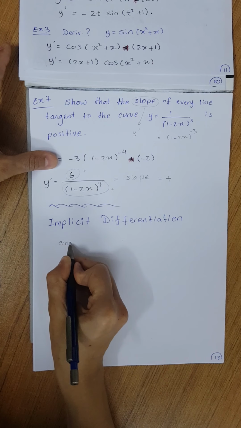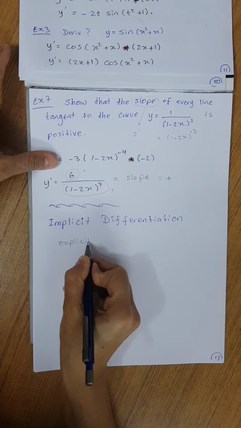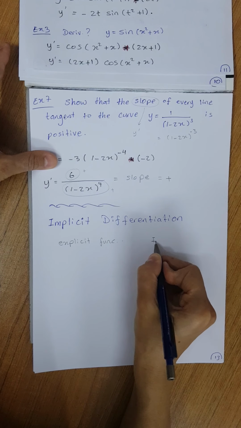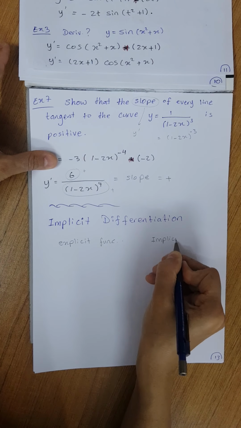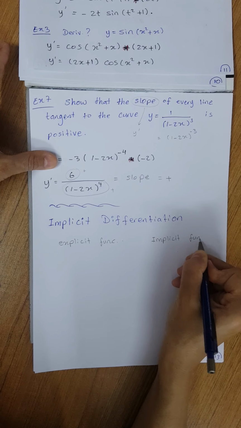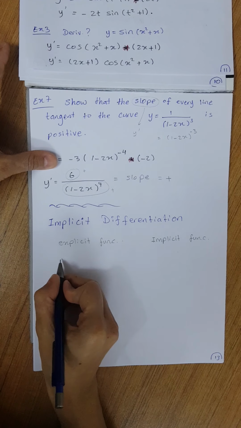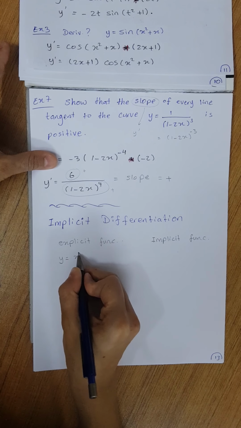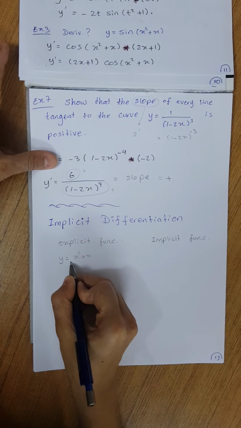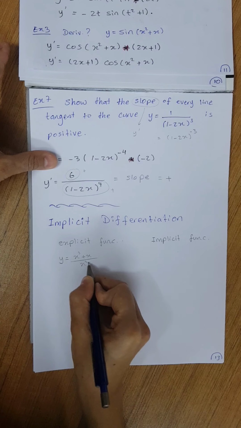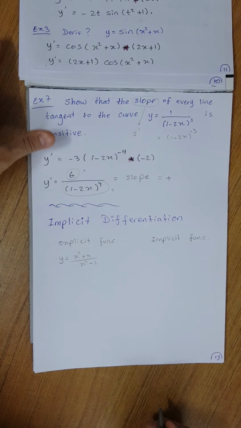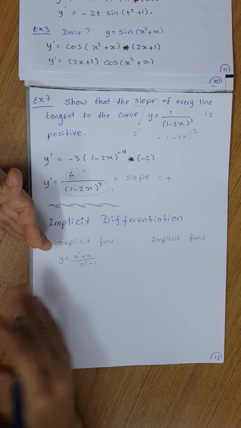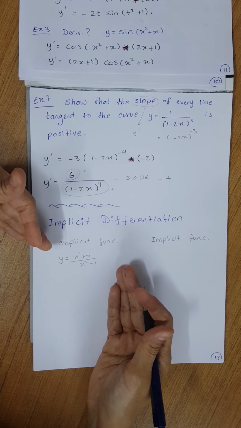What is an explicit function? And what is an implicit function? An explicit function is a function written in that way. Y is equal to, for example, x to the power of 3 plus x over, for example, x squared minus 1. That's an explicit function. Why? Because y is written explicitly from x's and numbers that we have got.